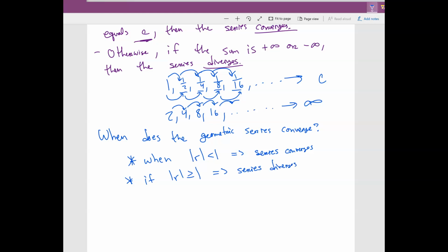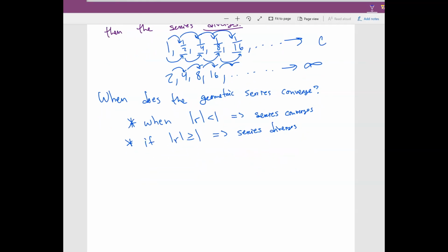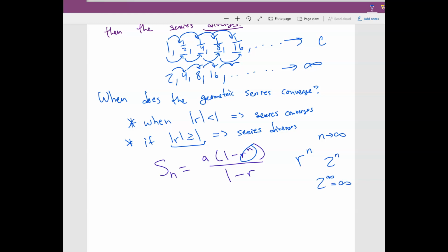Okay, now this is really interesting. Why is it 1? Well, let's think about it. If we go back to our formula for summing a whole bunch of terms, one of the things you really want to look at is the r to the n power, where n is getting bigger and bigger. If r is a number greater than 1, maybe 2 to the n power, then 2 to the infinity is just going to get bigger and bigger, which means the whole sum is going to get bigger.